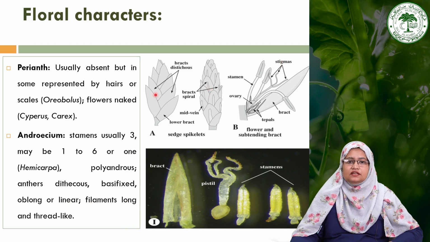You can see here these are the bracts covering the flower, the subtending bract, and here you can see the perianth is quite reduced, that is scale-like. Here the number of stamens is 3 and they are dithecous. So this is the general flower, and a single stamen has a filament, is dithecous and basifixed.